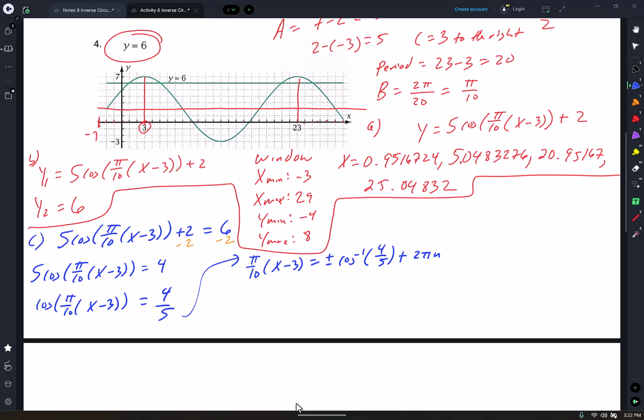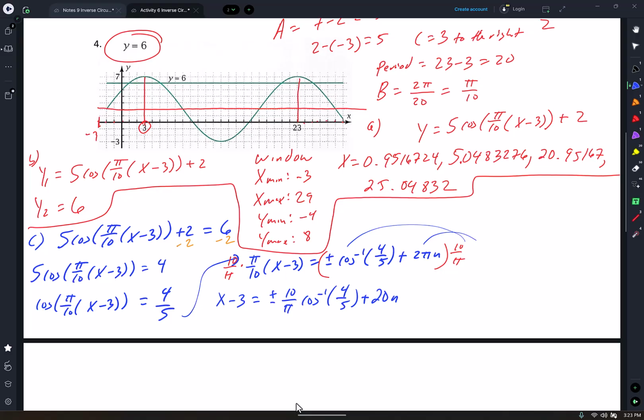Here we go. This is a product: pi over 10 times (x minus 3). I want to get rid of that pi over 10. What's my next move? Multiply by the reciprocal, 10 over pi. Whatever you do to one side, you do to the other. So x minus 3 equals, distributing it, plus or minus 10 over pi arc cosine of 4/5, plus, the pi's cancel out, 10 times 2 is 20.